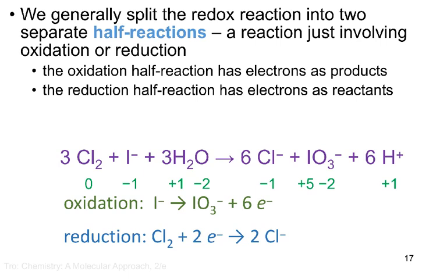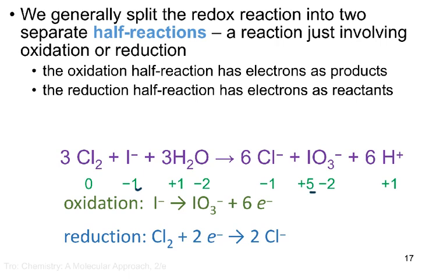So I have a sample reaction here where the oxidation reaction, the iodine being reduced to iodate plus 6 electrons. You can see iodine goes from a -1 to a +5. And then the reduction reaction, chlorine plus 2 electrons goes to 2 chlorides.